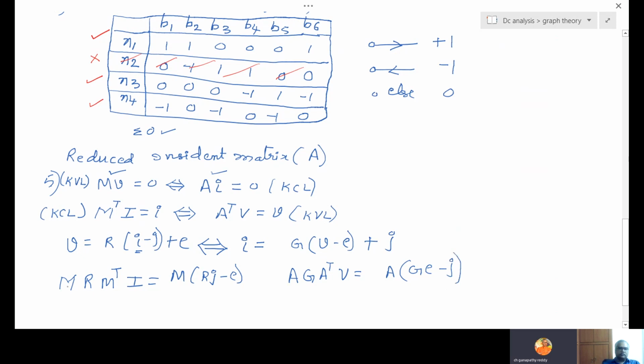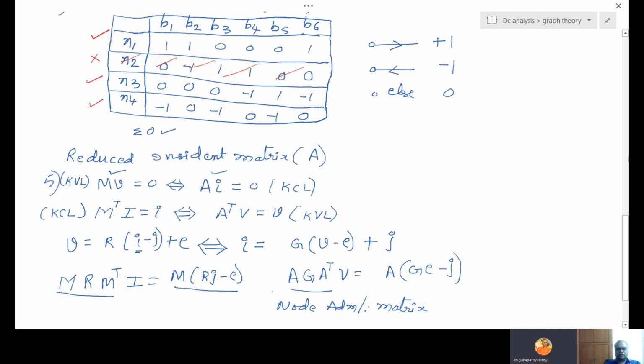So what is the name given to this? Loop impedance matrix. Similarly, what is the name here? Node admittance matrix. Then what is the name given to this?